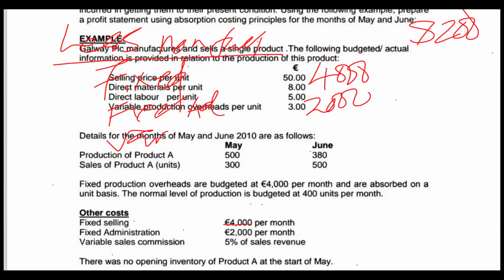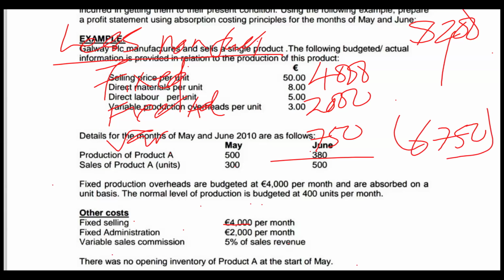Our revenue was 15,000. What is 5% of 15,000? 750. So we add these, and the sum should be 6,750.